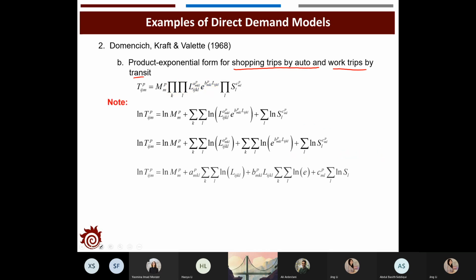I will just skip the detailed process of the transformation. So you can go check how to convert them to the linear equation for this model, and you just need to calibrate the parameters A, B, and C to use this model for trip estimation and prediction.